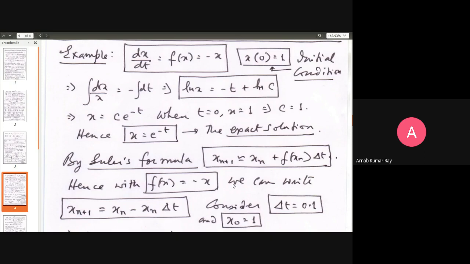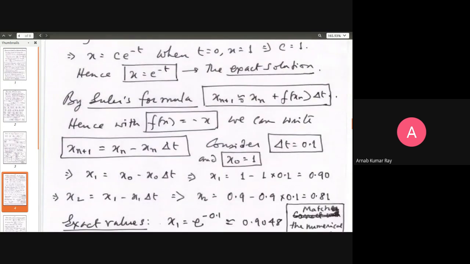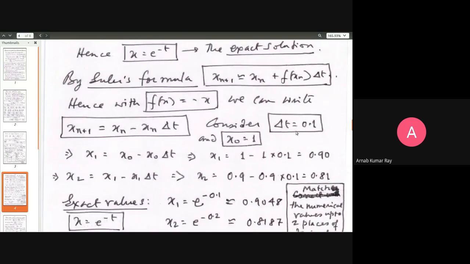Now f(x) is equal to minus x, so we write x subscript n+1 is equal to xn, f(xn) is equal to minus x, so there is minus xn delta t. I've just taken a very simple example. Delta t is equal to 0.1, x naught is equal to 1. You will start with t equal to 0 and go forward in time, right? Forward Euler. That is it.